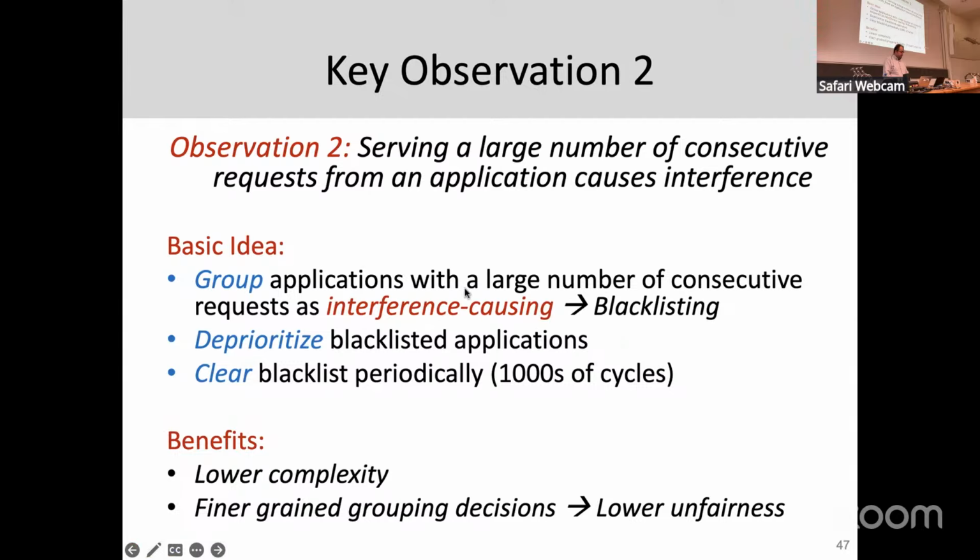The fact that you are making these decisions every 1,000 cycles gives you much more control on fairness. You are not causing starvation for any of these applications. Whereas, for example, in TCM, in the clustering approach, we discussed about 1 million cycles, and that can actually cause unfairness if some applications change their phases.